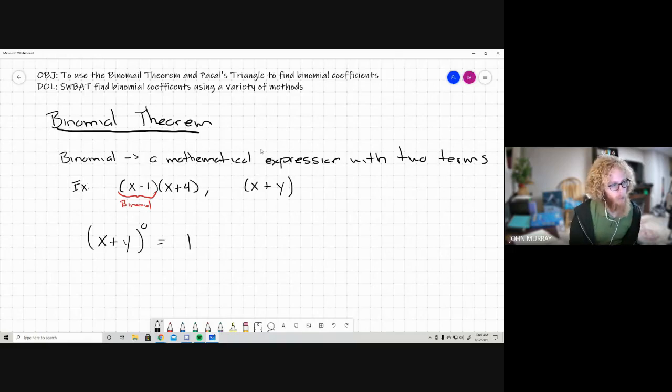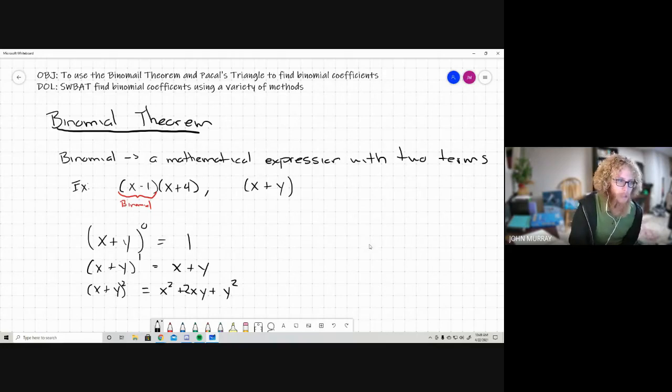So the first one, x plus y to the 0, well, that's just going to equal 1. And then we have x plus y to the first, well, that's going to give us what we have, x plus y. Then after that, okay, they noticed a few things that were happening.